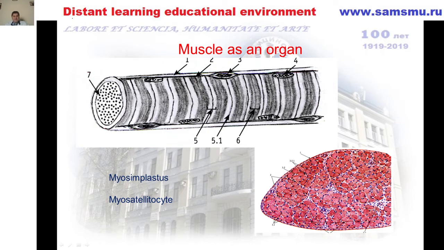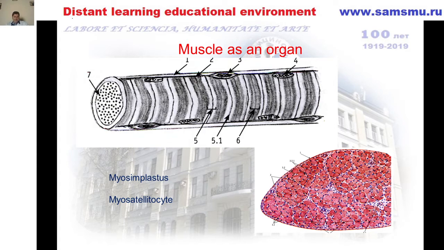So epimysium is the external connective tissue that grows together with the fascia surrounding the entire muscle. You may see in letter 1, this is epimysium, which covers the muscle as a whole and forms the muscle fiber or muscle whole in third gradient.